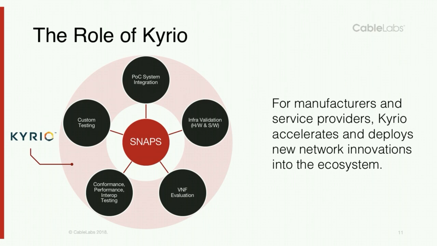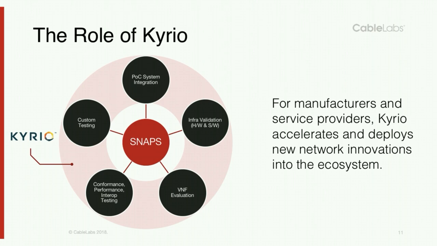And Kyrio, just as a quick overview for those not familiar, for manufacturers and service providers, accelerates and deploys new network innovations into the ecosystem. So they have activities ranging from proof of concept systems integration, infrastructure validation, hardware and software, VNF evaluation, conformance, performance, and interop testing, and then custom testing.